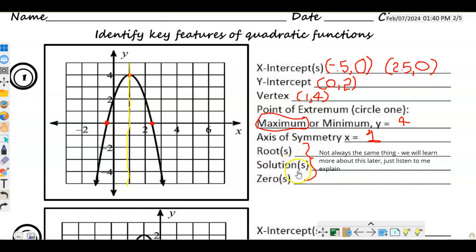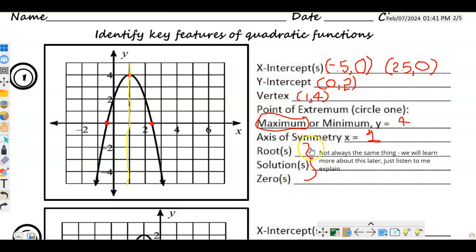I just want you to pay attention to the fact that if you have x-intercepts, that's what goes here.